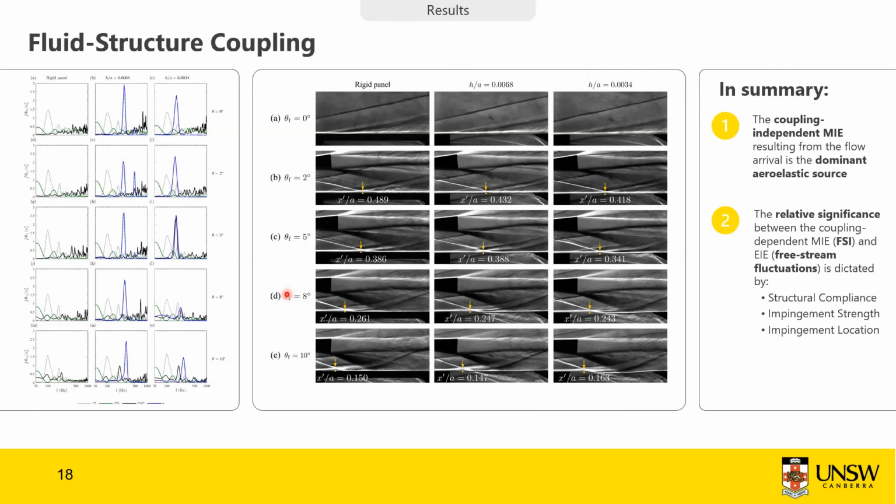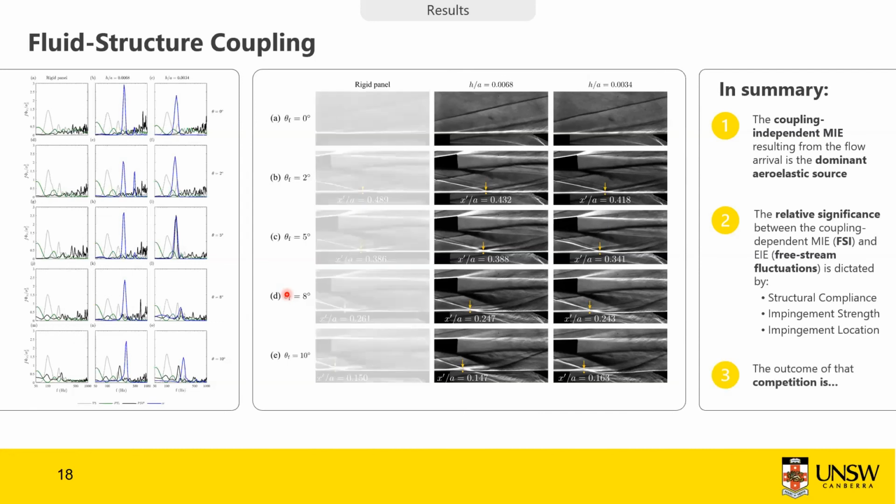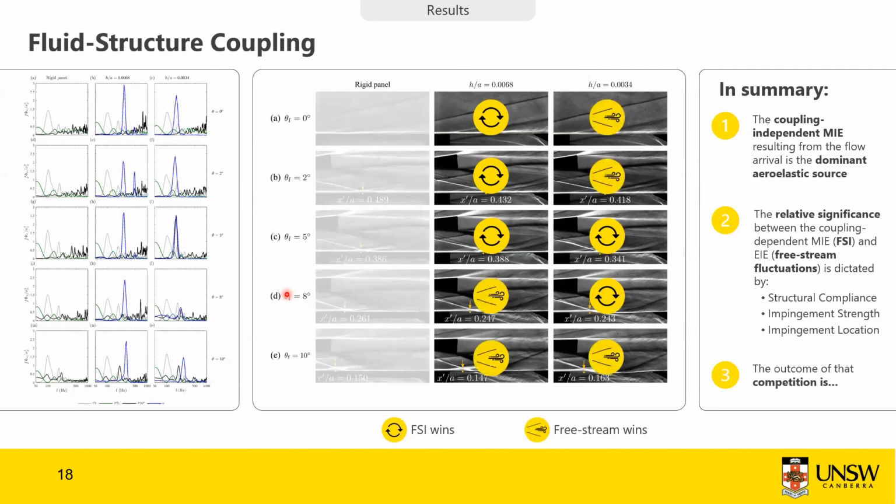These two mechanisms are dictated by three things, which I briefly mentioned: the panel thickness, which we call structural compliance, and the strength and location of the shock impingement. The outcome of the competition between FSI and free stream fluctuation is that FSI wins for these selected runs, and the paper goes through all of them showing why it wins, whereas the free stream is more dominant than the fluid structure coupling in the other runs.